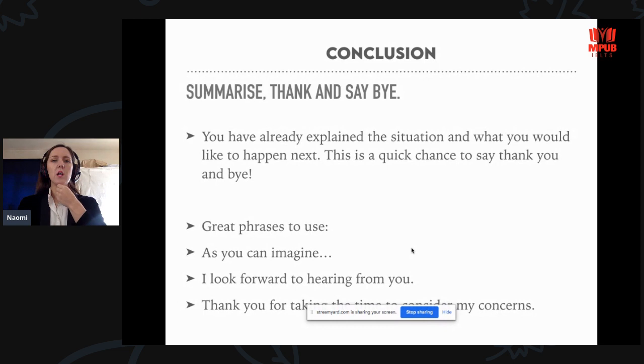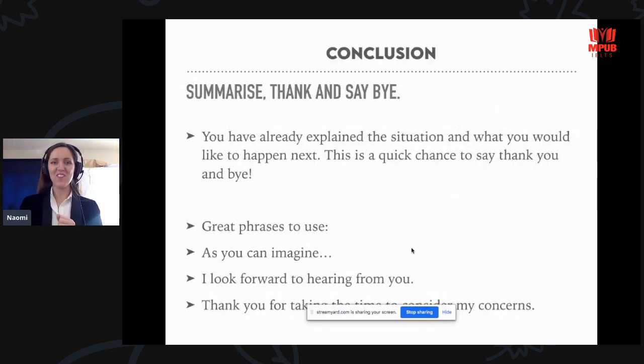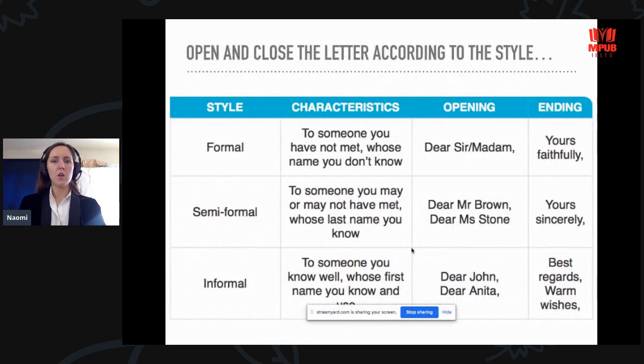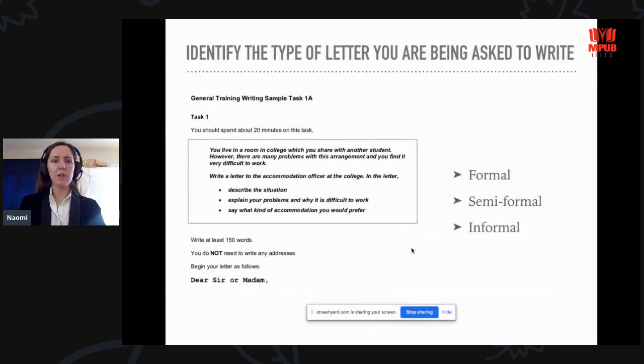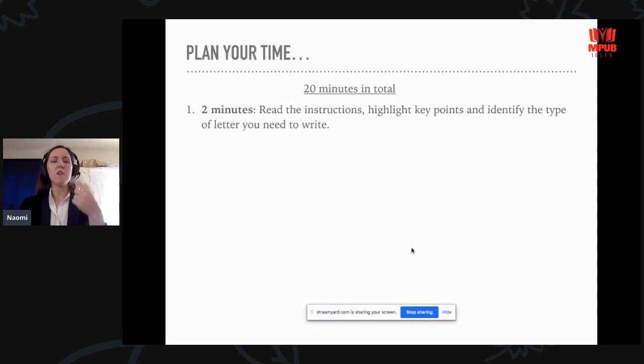Okay, so before we go on to writing a letter together, let's just have a little review. So I want to plan. I've read my instructions. I've identified the type of letter I want to write. In this case, what was it?